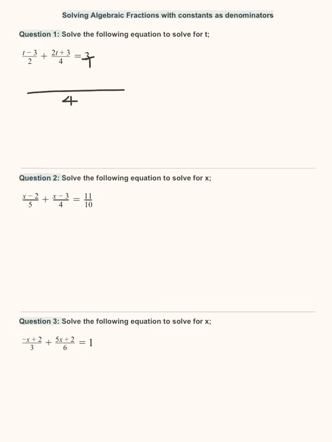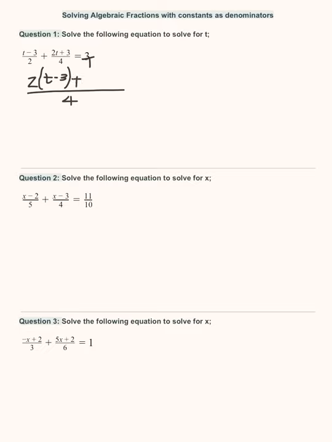Then what we must do is we take each denominator separately. So we have 3 separate fractions here in the equation. So we take 2, the first one. So we say 2 divides into the lowest common denominator 4 twice. And then we're going to multiply it by the numerator of that fraction, which is t minus 3, plus.